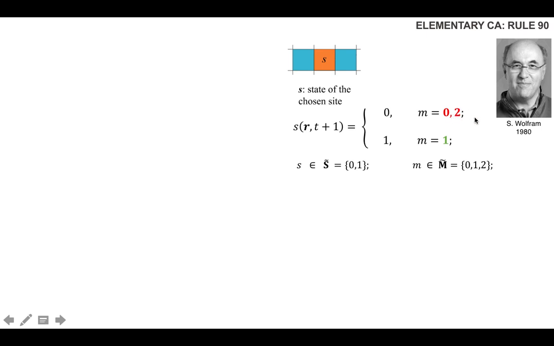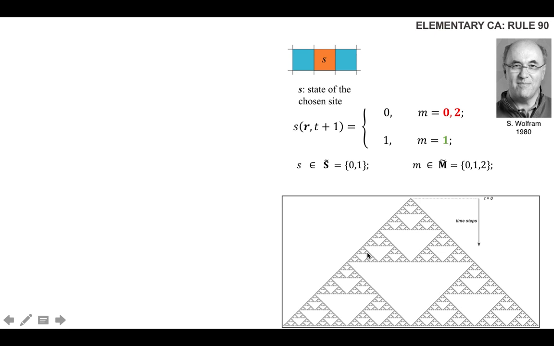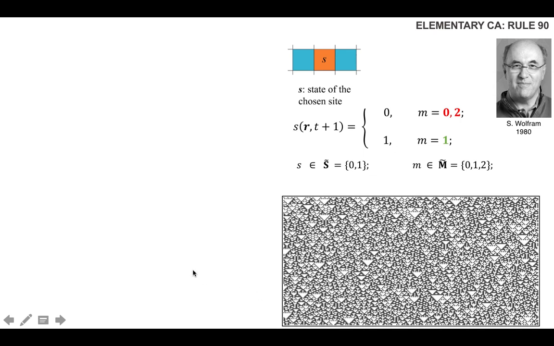And we only have decay and growth here. We don't have stability. And basically, if you run this with a single cell, you will get this Sierpinski triangle, while if you run with random initial condition, you will get this thing that looks chaotic.